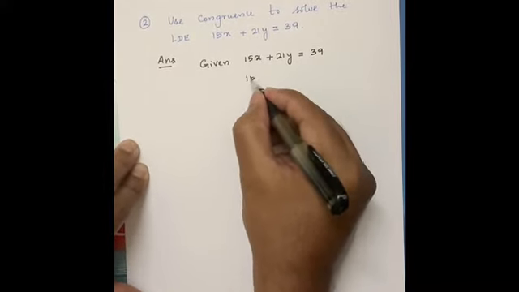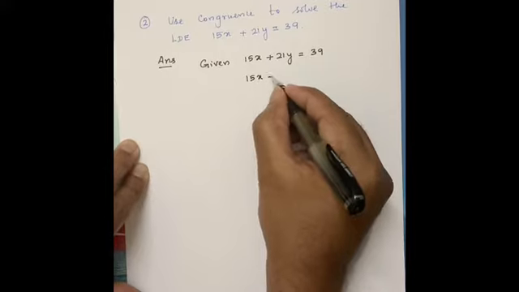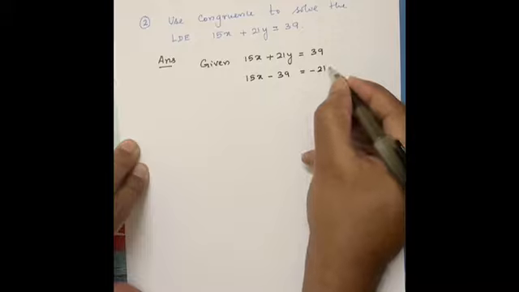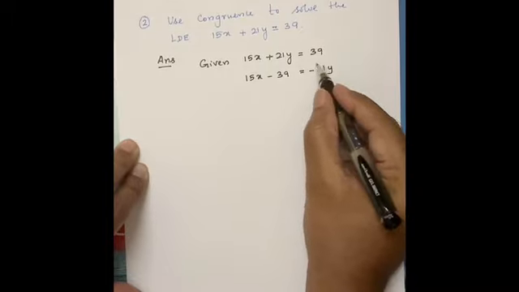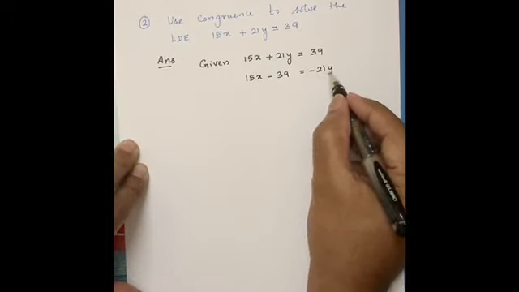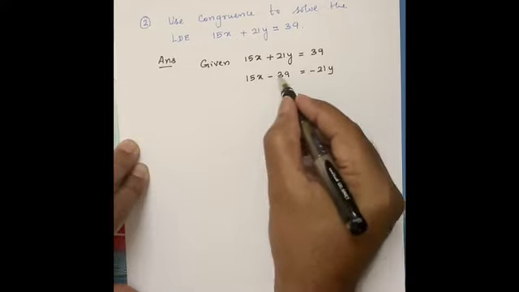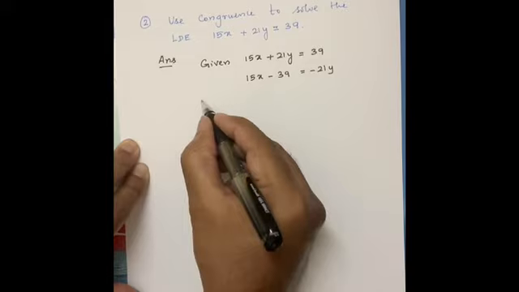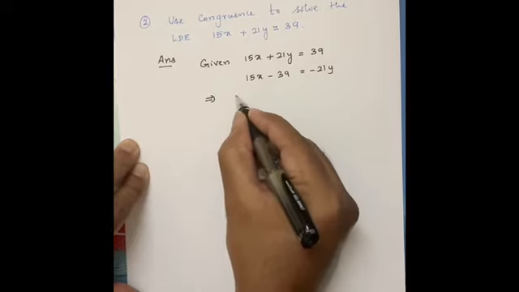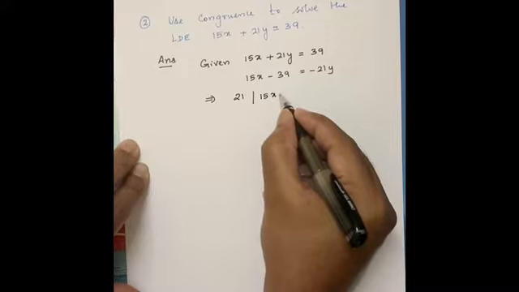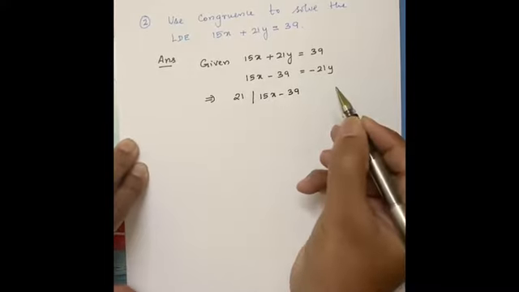So 15x minus 39 equal to minus 21y. On this side you have to see, the right hand side is minus 21 times y. Okay, so this value is divisible by 21 and hence this also is divisible by 21. This implies 21 divides 15x minus 39.